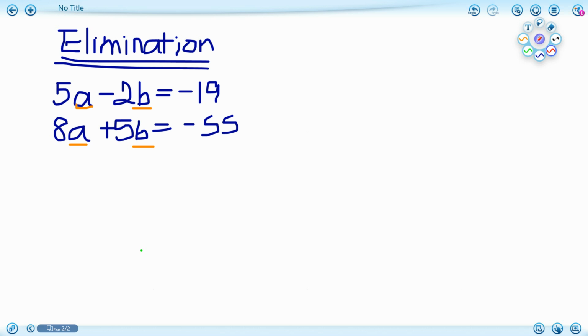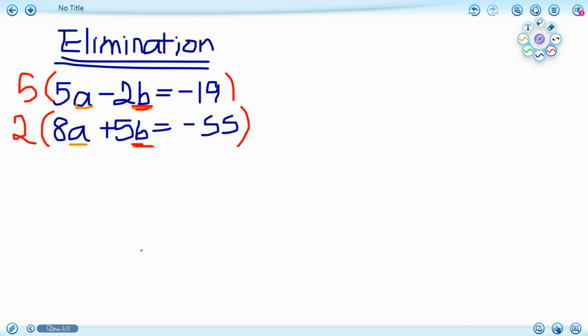When I look at this, I think it'll be easier for me to match up the b's than the a's. It doesn't matter which one you match up. So I'm going to multiply the top by 5, so I'm going to get 10b here. In order to get 10b here, I'm going to multiply this by 2. It's kind of like finding the common denominator.